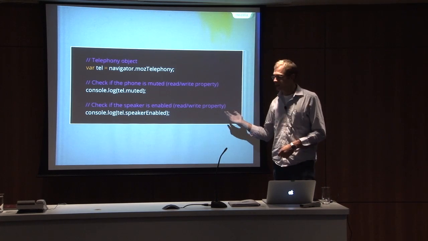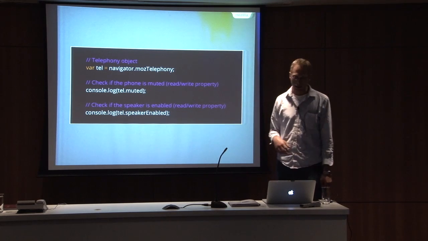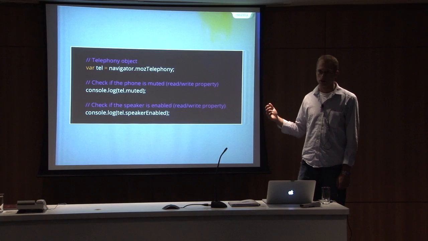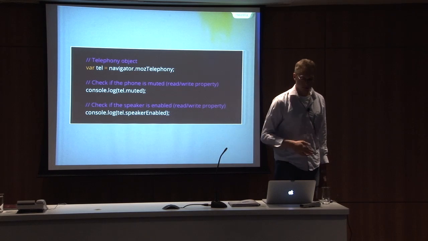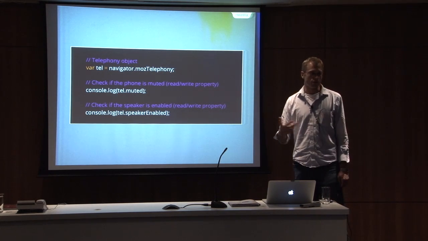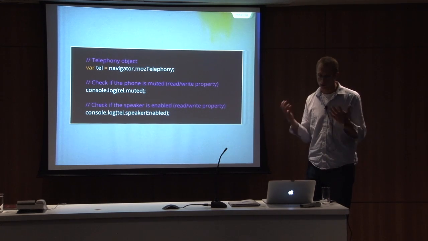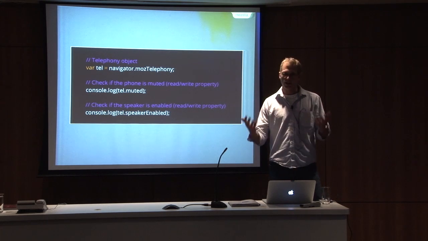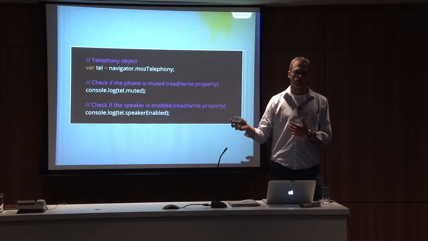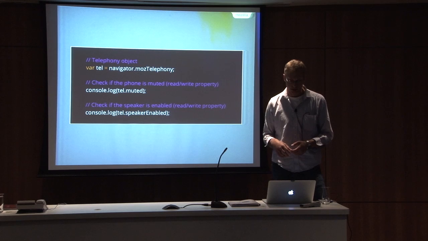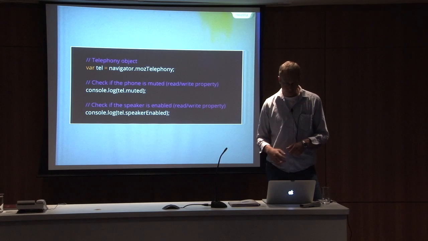For instance, for telephony, we have navigator.mozTelephony, and as you can see right now, this is prefixed with moz because for now it's a prototype API that we've spec'd out, we've invented, we've put out there, and at some point, hopefully, once we go through a standardization process, a lot of these APIs we will be able to remove the prefix, and then they will be implemented in their final incarnation.